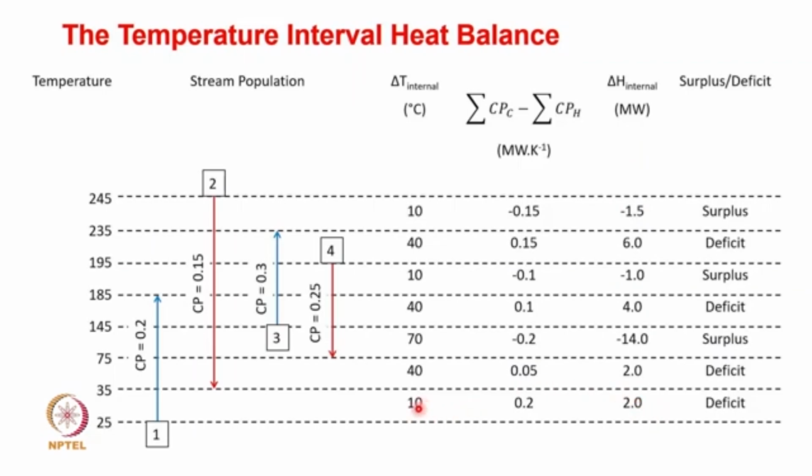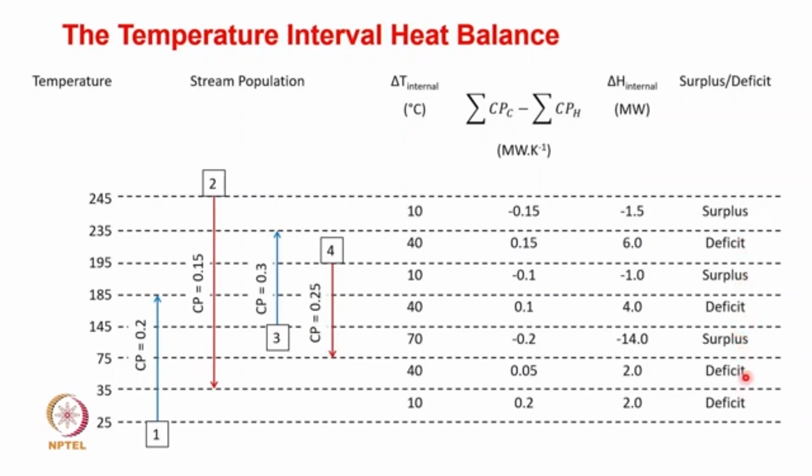And last, of course, 10 times 0.2 is 2, and you can see there are signs here. Negative signs indicate a surplus and positive signs indicate a deficit. So what we can see is that in the first temperature interval there is surplus heat, and in the second temperature interval it is a deficit, then surplus, deficit, and so on and so forth.